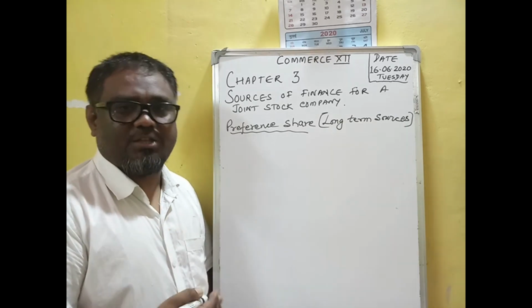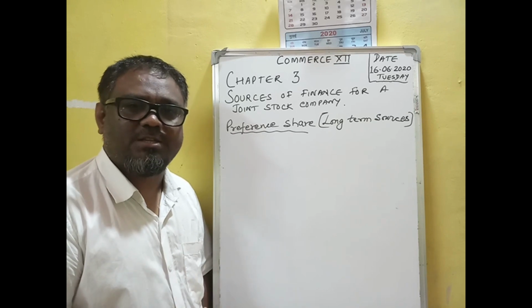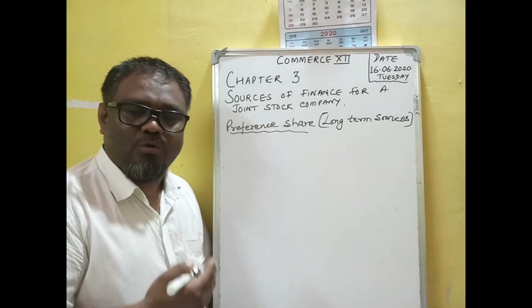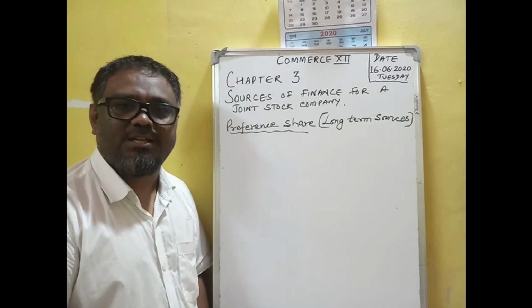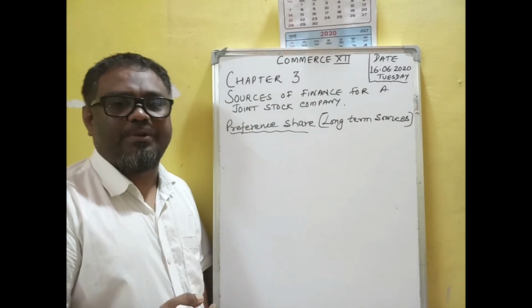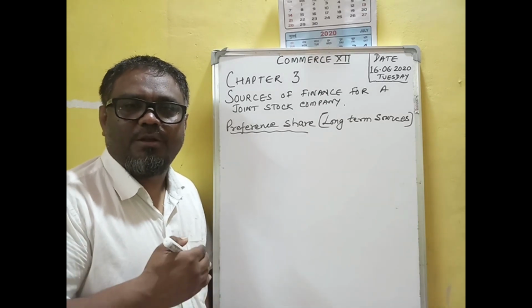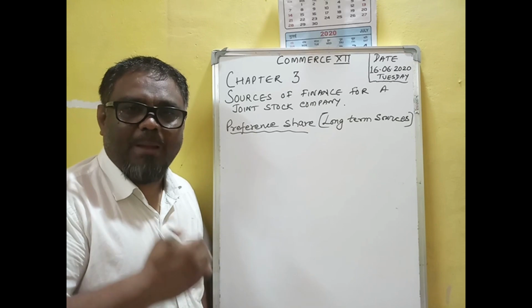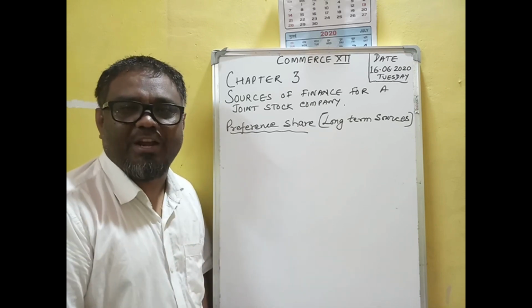The term preference, why are they so called preference? What are the preferences attached with these shares? The first preference attached is payment of dividend to the preference shareholder. The payment of dividend is first declared to the preference shareholder.